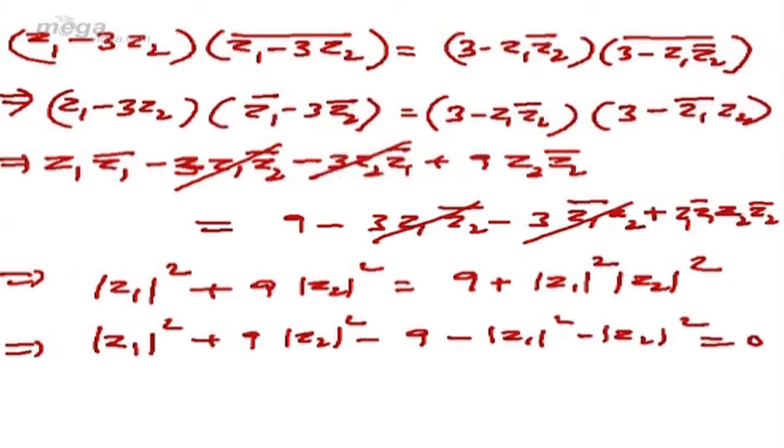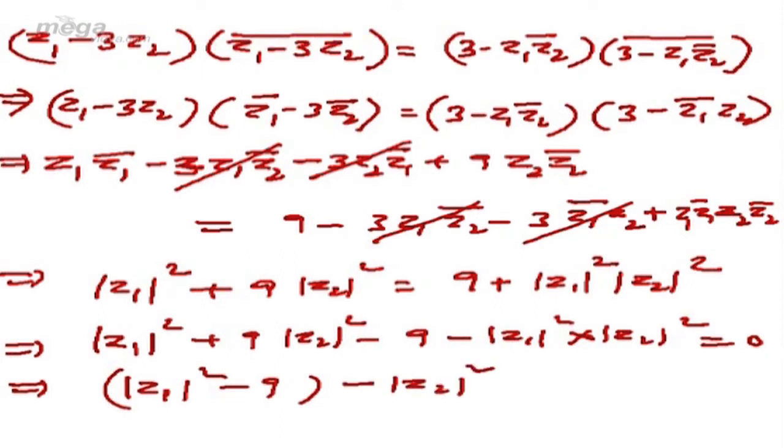Mod of Z1 square plus 9 mod of Z2 square minus 9 minus mod of Z1 square into mod of Z2 square. If we factorize it, we will get in one bracket mod of Z1 square minus 9. In the other bracket you will get minus mod of Z2 square into mod of Z1 square minus 9 is equal to 0.